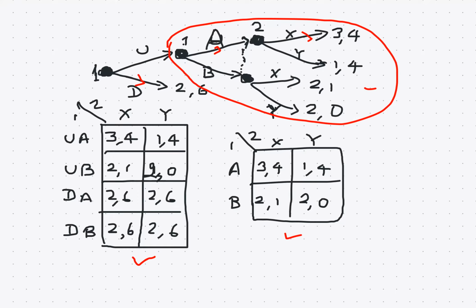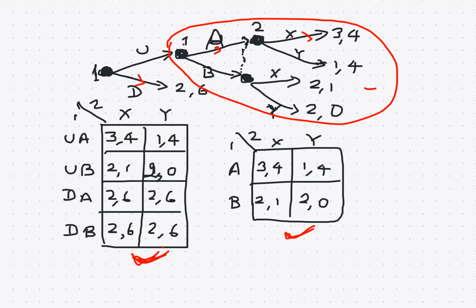The 4x2 game represents the whole game, and the 2x2 game represents the proper subgame that's circled here in red. All right. So if you look at the whole game itself, right?